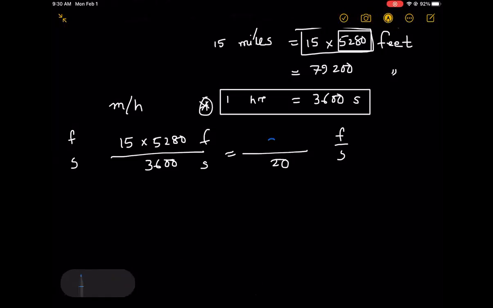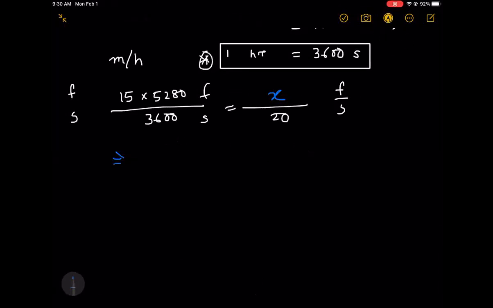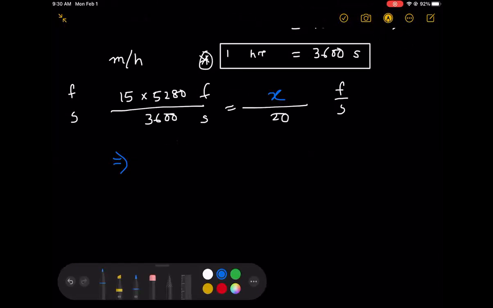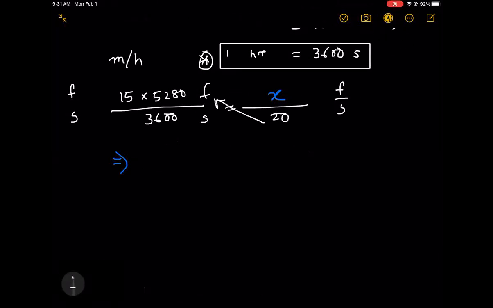That's the unknown part, so that would be our x. Then if we solve it, I wish I had more time to explain it. Hopefully I'll do that next time. So if I cross multiply this, I can isolate this x. It would be 20 times this 5280.